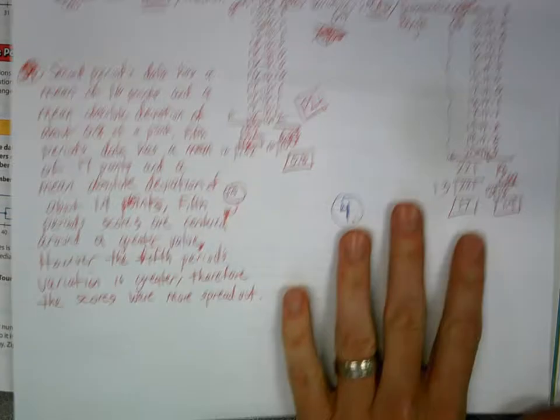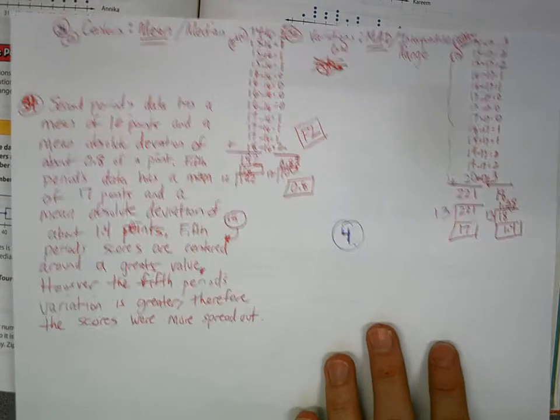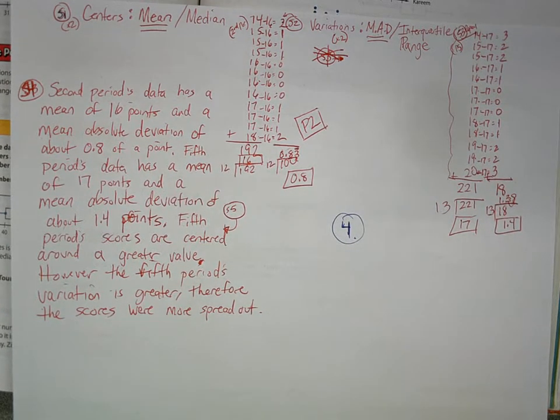I'll leave that up there for you. I'll give you guys 30 seconds. Go. I'm joking, but you do need to get started. Get started, guys. We're going to do Boxplot.